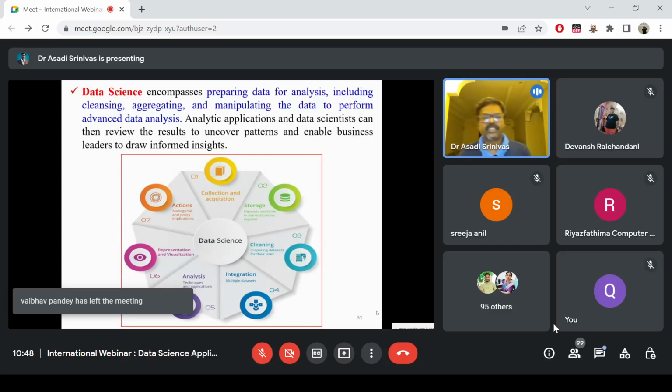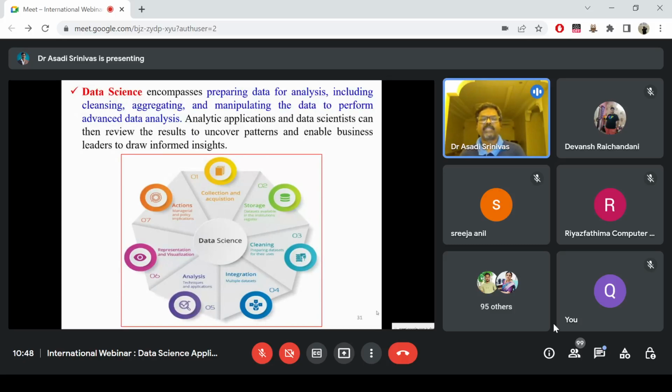The first step is the collection and acquisition of the data, and storage of data sets available in the institutions. The third step is cleansing the data, preparing data sets for their users. That means pre-processing the data. We are cleaning the data by applying pre-processing techniques. Noisy data and redundant data we are removing with the help of various pre-processing techniques.